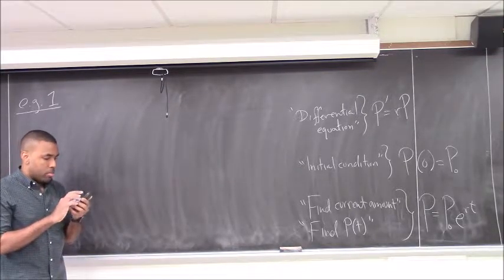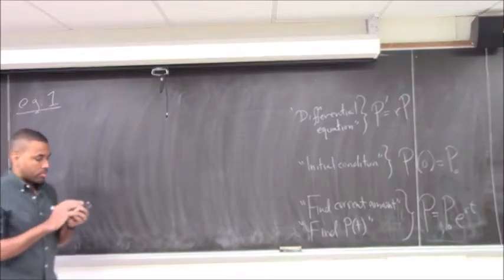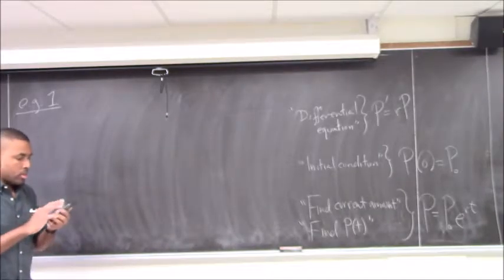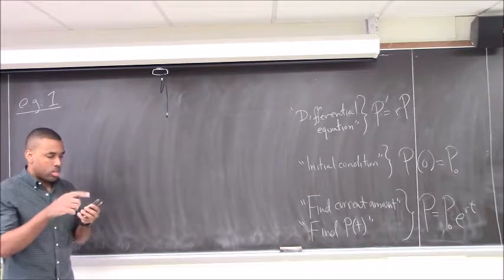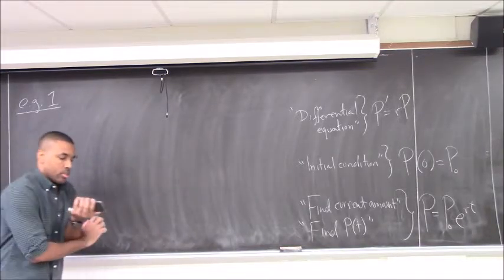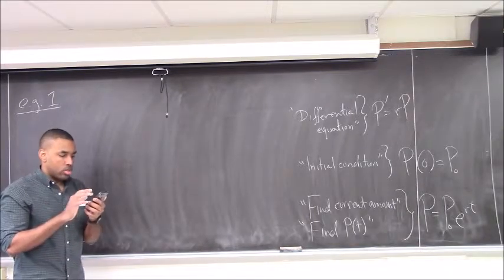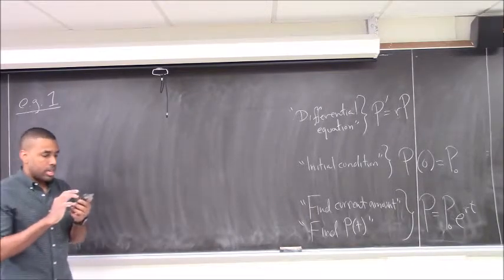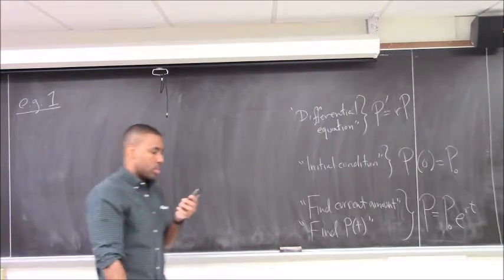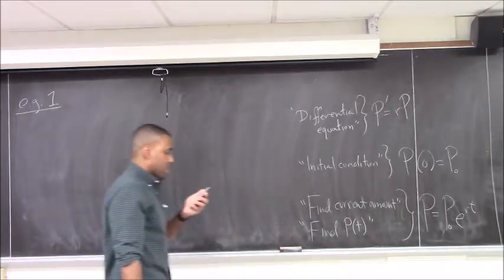So example 1. If you don't have the handout, you can also go to the class webpage, Jhevon.org/teaching. You scroll to the bottom, you'll see the handout there. On the second page, you'll see the examples. We're going to just go through them, and then we get out of here.